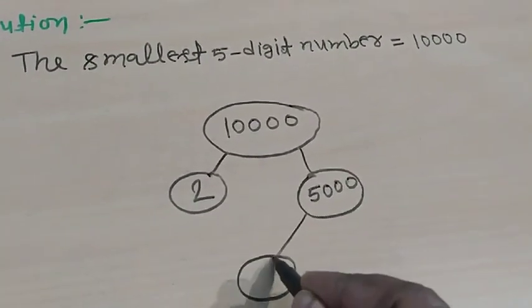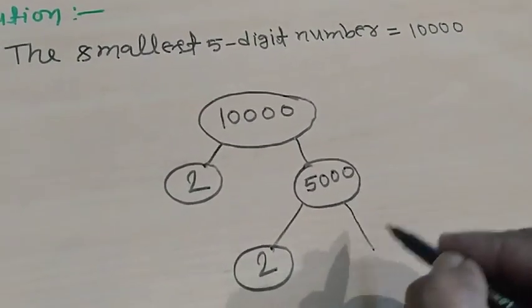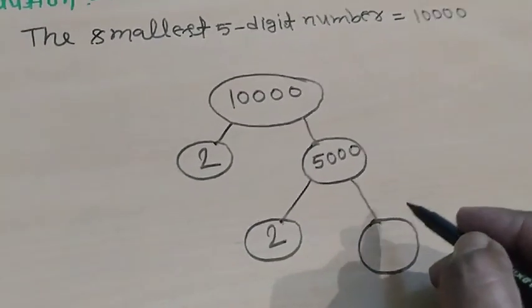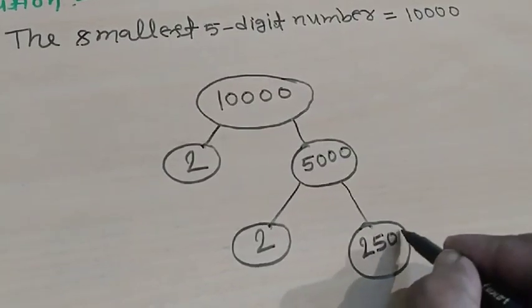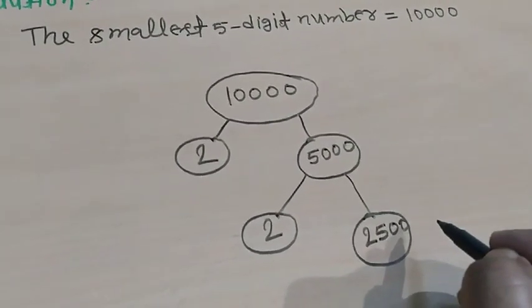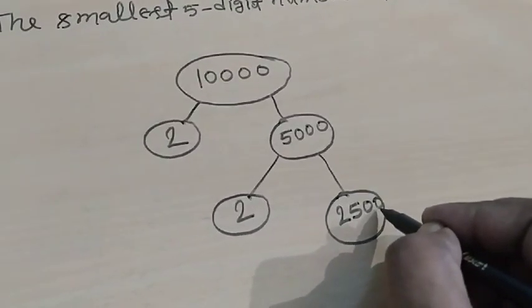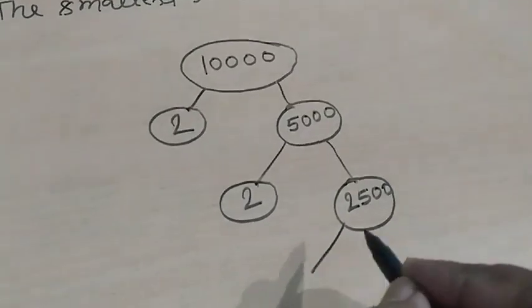If we divide 5,000 by 2, we obtain 2,500. Now you can see the unit place is also 0, so we also divide it by 2.